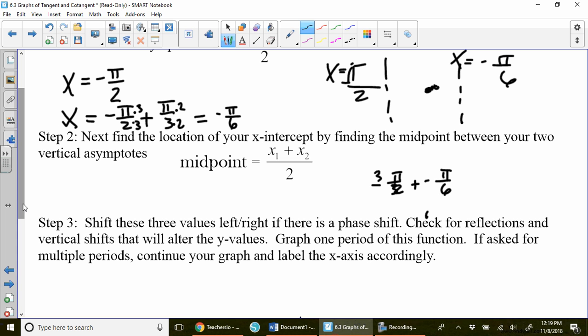So if we add the 2 x values together, that would be negative 4 pi over 6. Then if we split that in half, or multiply by a half, that's going to tell us where our x value is.